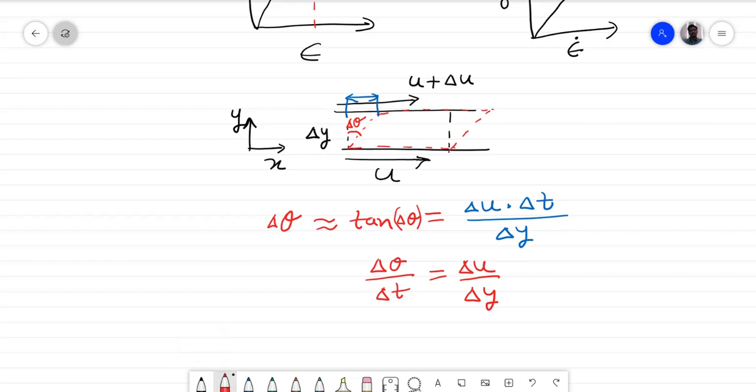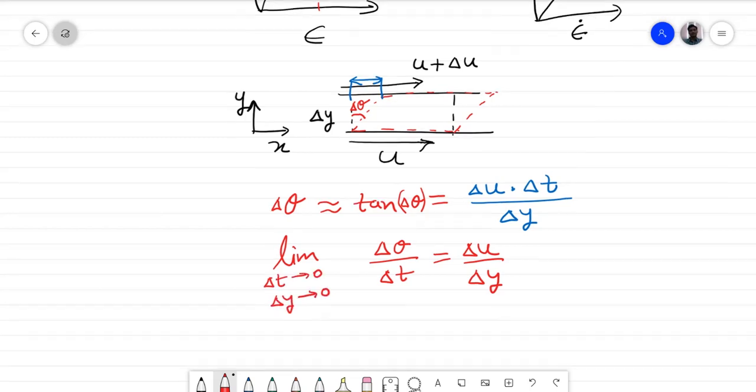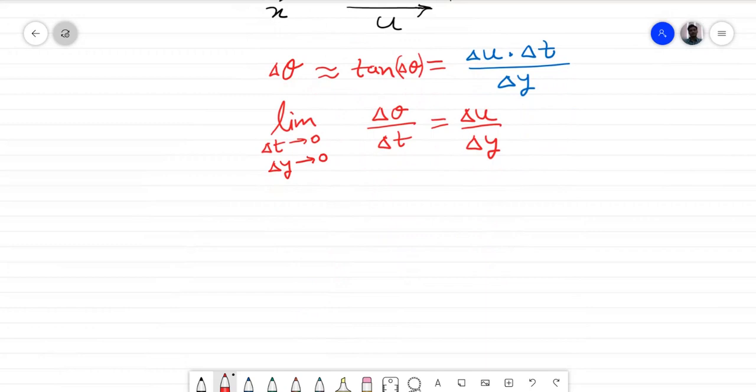Therefore, taking the limits, delta t approaches 0 and delta y approaches 0, we get theta dot, or d theta by dt, which we are calling strain rate, or epsilon dot.